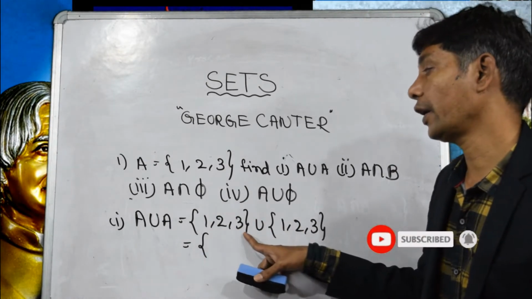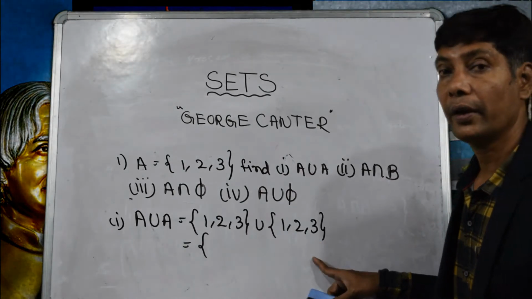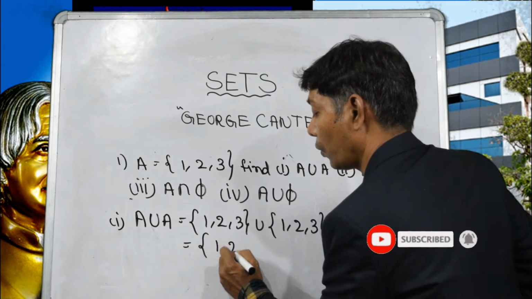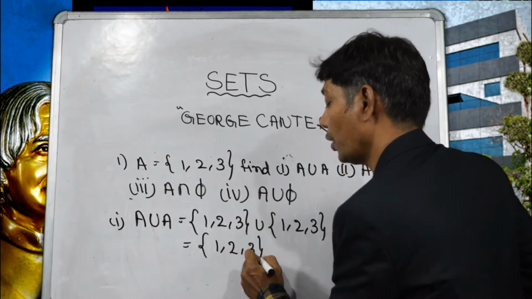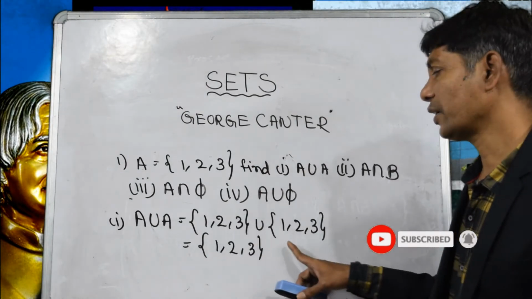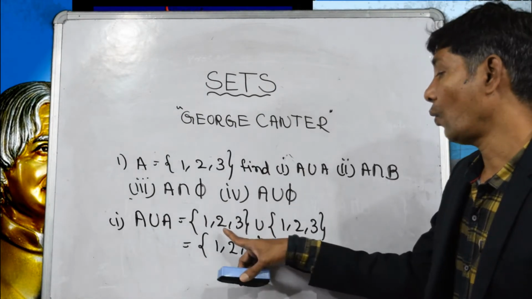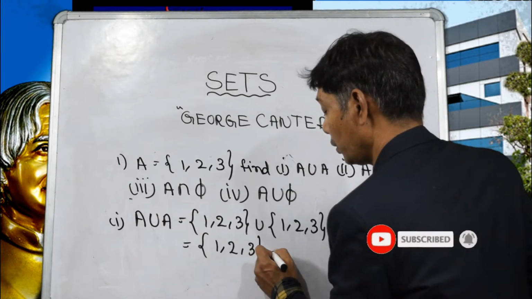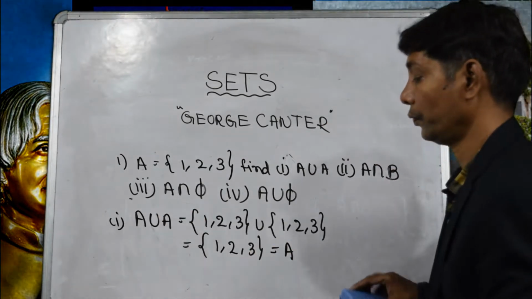Here 1, 2, 3 are in A, and 1, 2, 3 are in A. Now you can write in order 1, 2, 3. You should not write repeated numbers; it is not necessary to write 1, 2, 3 two times. That means A union A is equal to A.